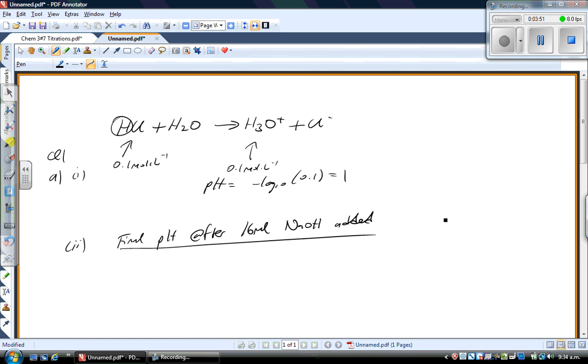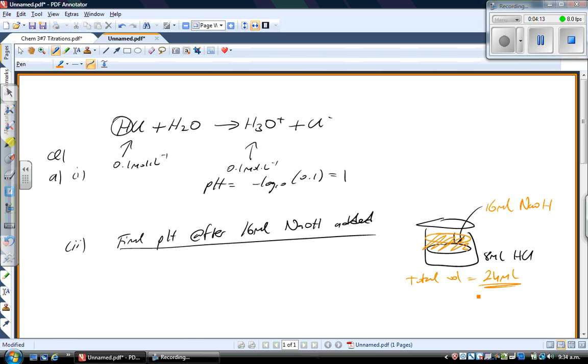Basically, you have a beaker. In your beaker, you had your 8 mL of your HCl to start with, and into that you've now added 16 mL in total of your sodium hydroxide. So the total volume now of this solution is equal to 24 mL.